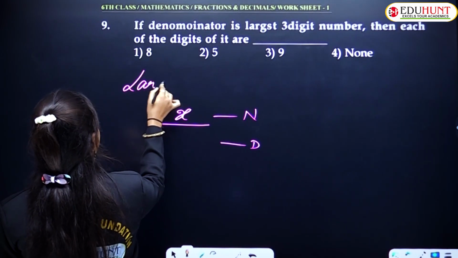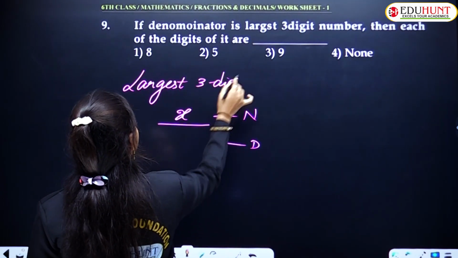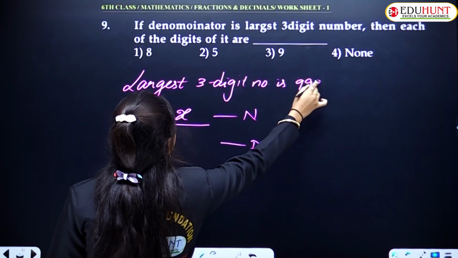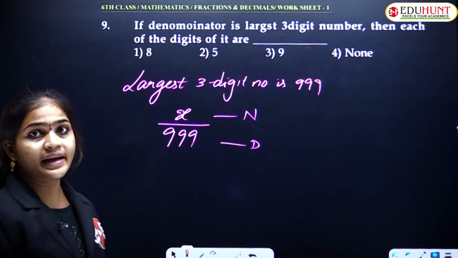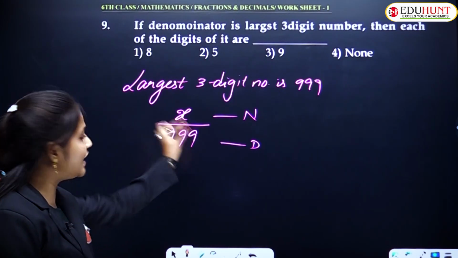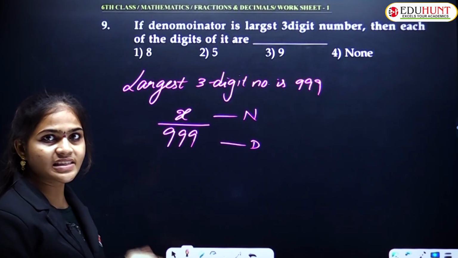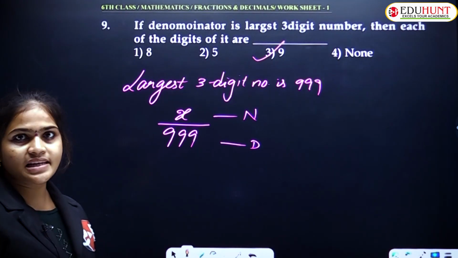So the largest 3-digit number is 999. In this 3-digit number, each and every digit is what? 999. So what is the digit repeated here? That is 9. Understand, ma?